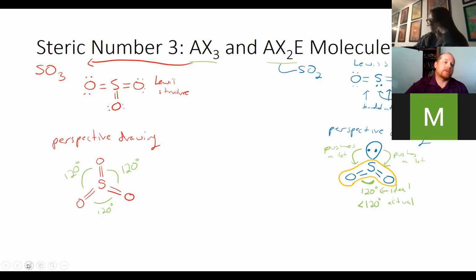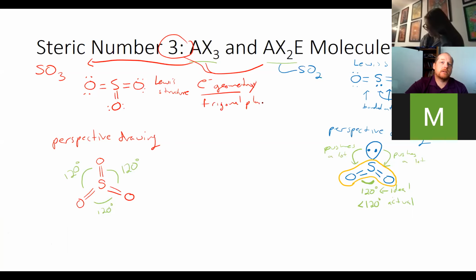So let me go back over to our first one over here. The electron geometry for anything, in fact, that's AX2 or AX3 that has steric number of 3, right, or electron shape, is going to be trigonal planar, okay, in the case of anything that's steric number 3.